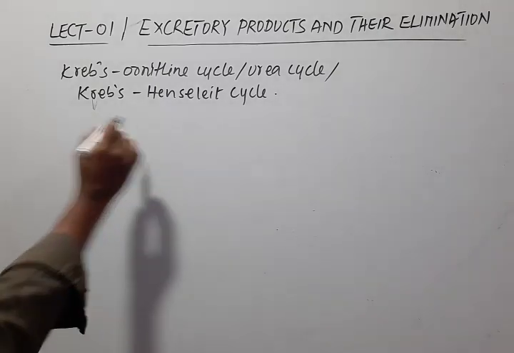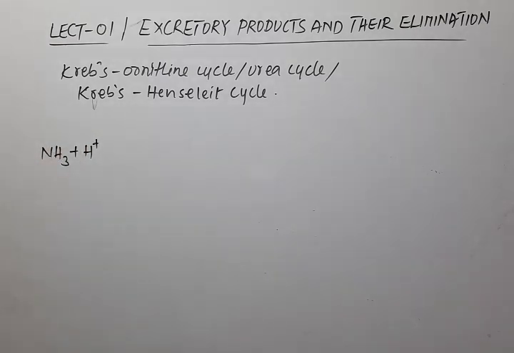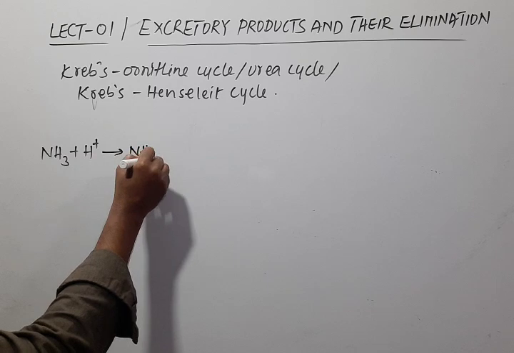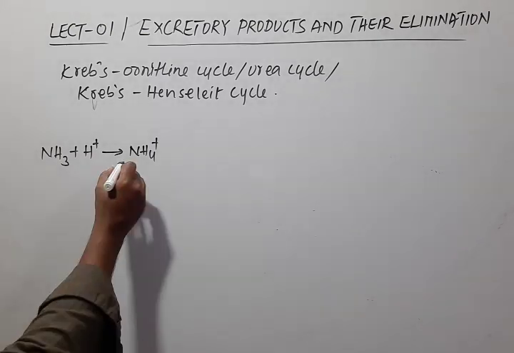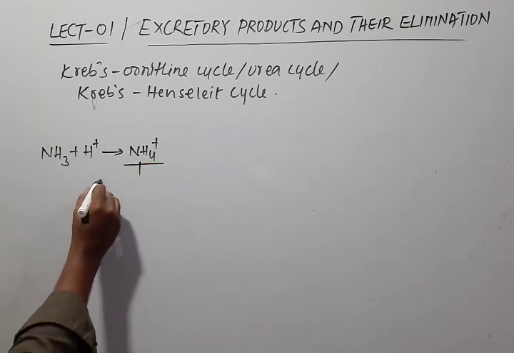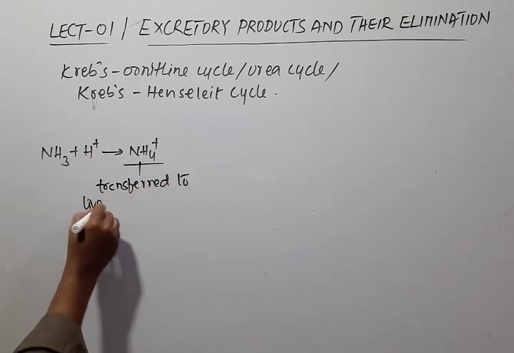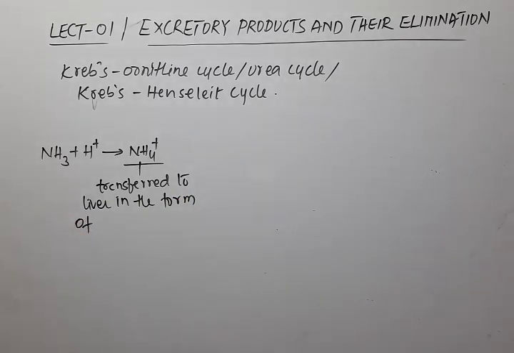The ammonia which is formed inside the cells will react with H plus, and it results in the formation of ammonium ions. These will be transferred to the liver in the form of amino acids like alanine and glutamine.